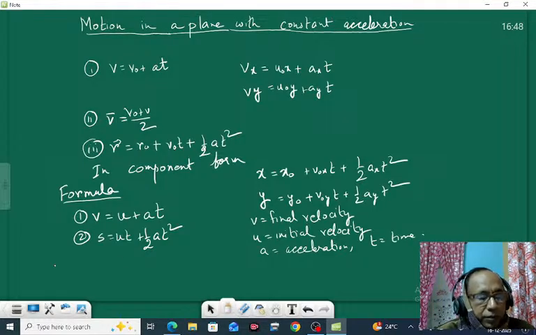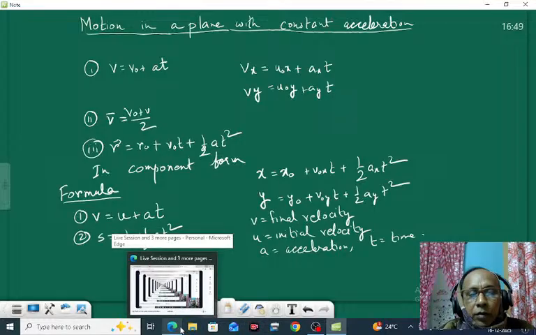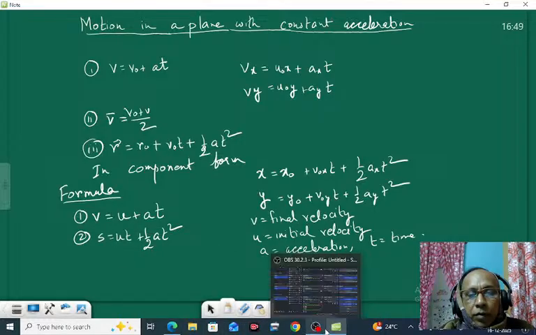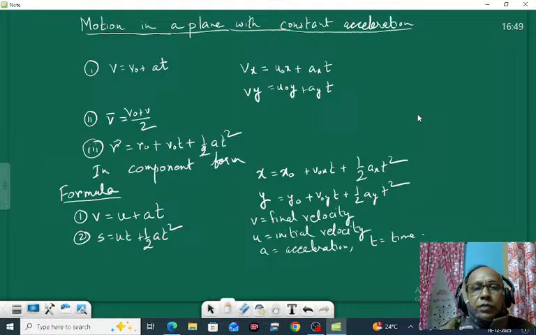So this can be remembered this way, right? So we are finding this one, right? So it can be remembered in this way, that s is equal to ut plus half at square.